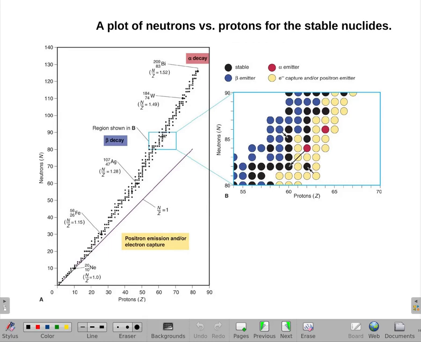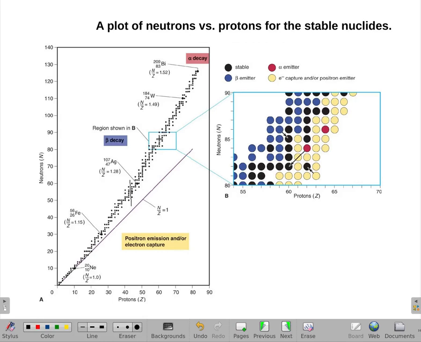That's going to be atomic number in the 60s. Well, I know technetium on our periodic table is 43, yeah, that would be right along in here. There are no dots at all, because there are no stable nuclei of technetium found in nature.